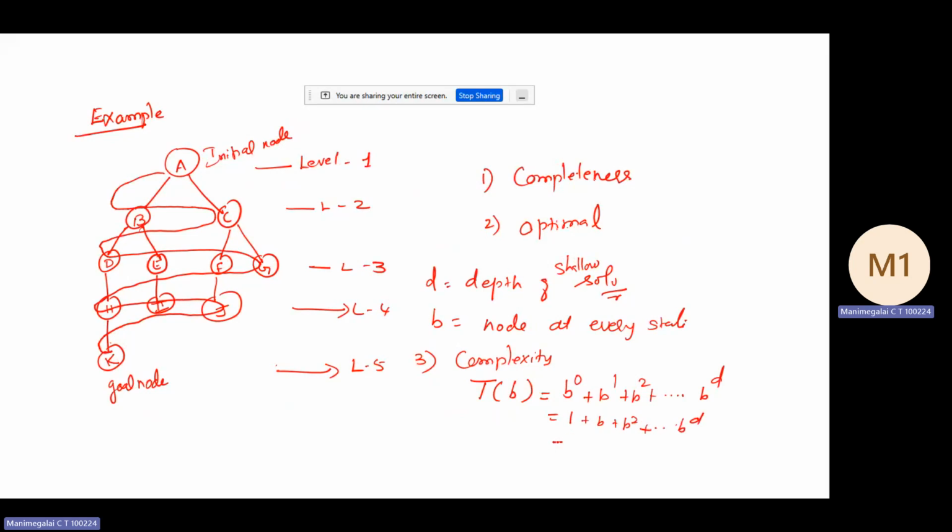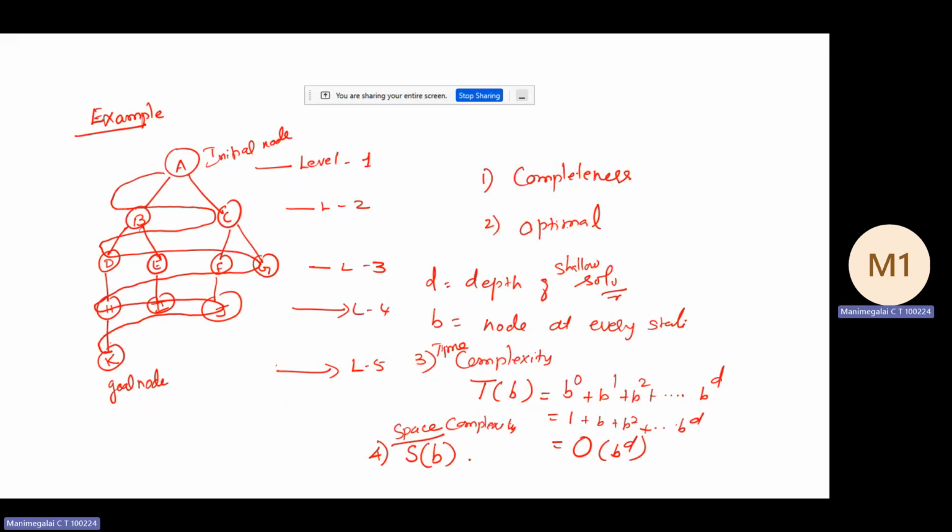So what is the remaining one? The formula is O of B power D. This is the complexity representation. Similarly, the fourth one is space complexity. This is time complexity, and this is space complexity.